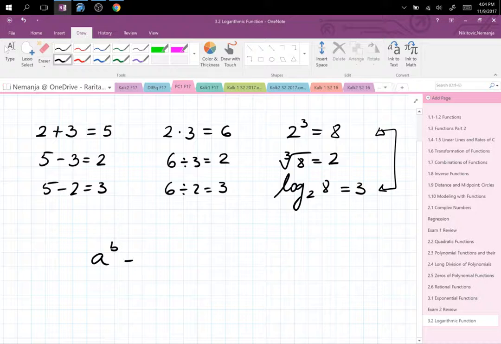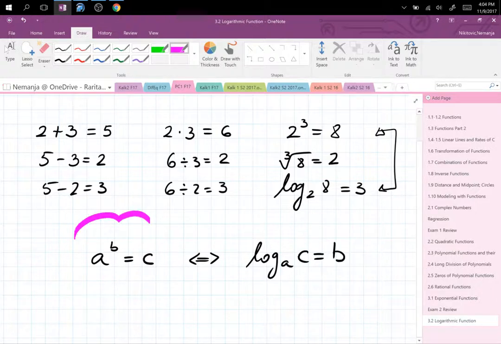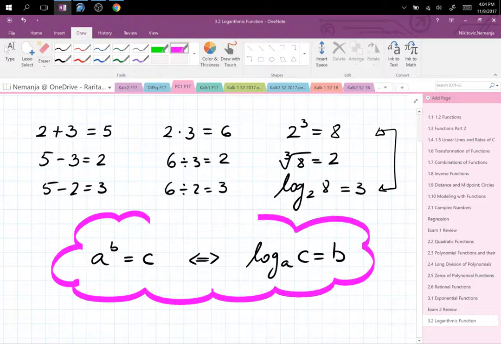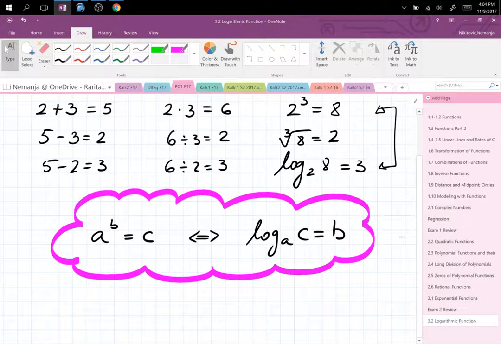A to the b equals c converts to log base a of c is b. This thing, put it on a cloud, is going to be the most important formula of the entire chapter. We're going to have 10 formulas here in a chapter, maybe more. This stands out as the most important thing you're going to see in chapter 3.